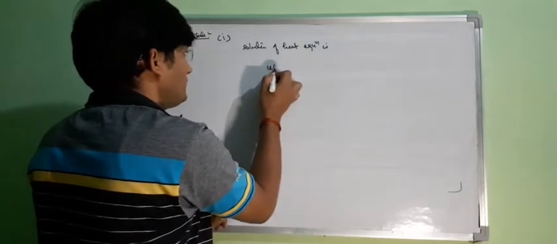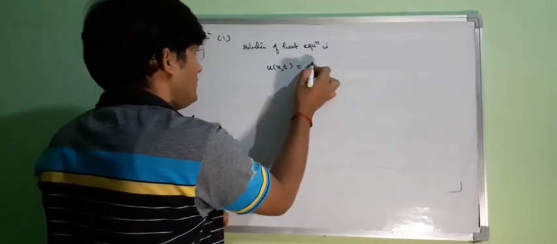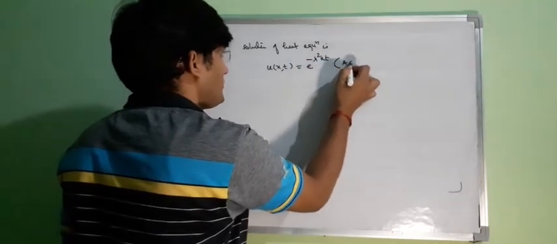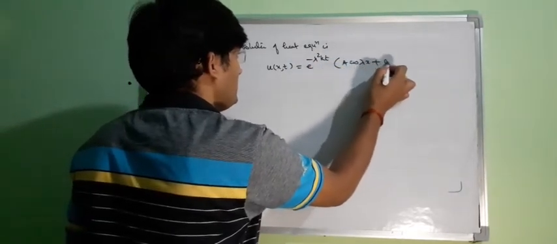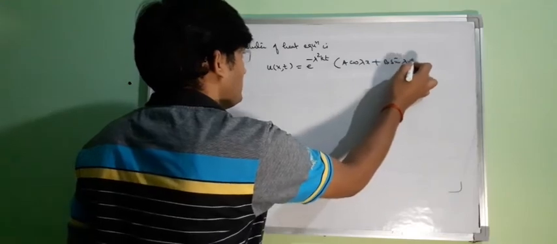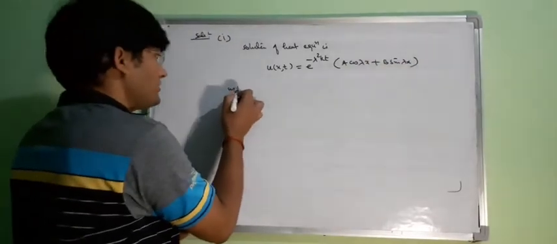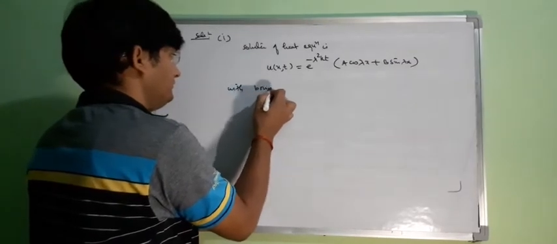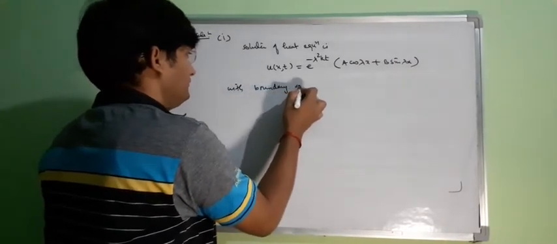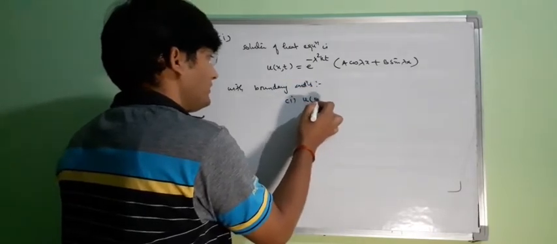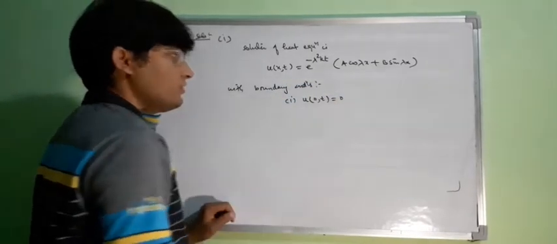u(x,t) equal to e power minus lambda square kt into (a cos lambda x plus b sin lambda x). This is your solution of the heat equation with boundary conditions. The first boundary condition is, when the length of the rod is 0, temperature is 0.